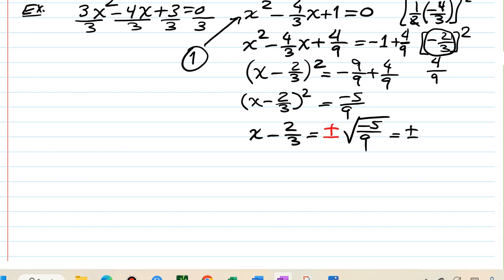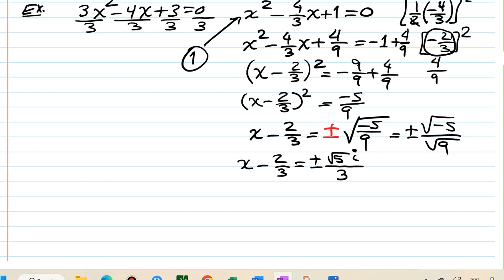Then we can break this radical into two parts, the square root of -5 over the square root of 9. The quotient property works as long as one of these square roots is going to be real. Notice the square root of -5 is not real, but the square root of 9 is, so I'm allowed to do this. And this is going to be x minus 2/3 equals plus or minus √5 over 3. Remember, for square roots of negative numbers, we use the imaginary unit i to take the negative outside.